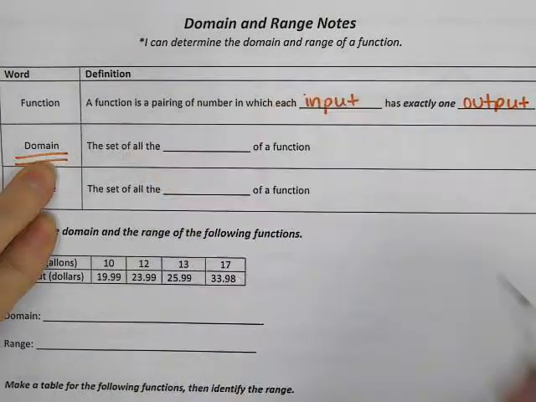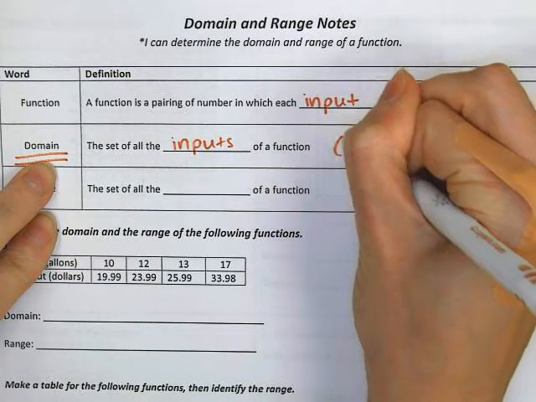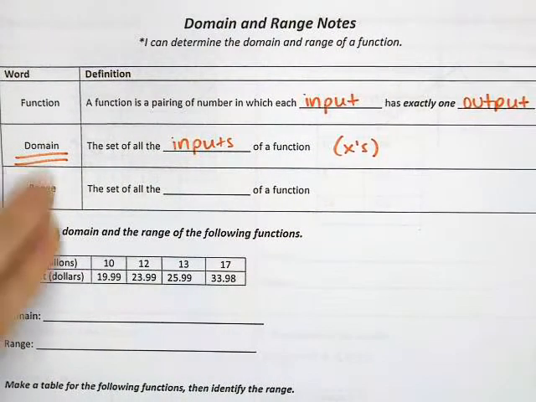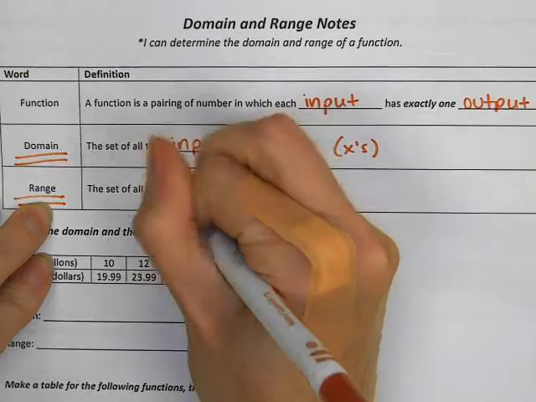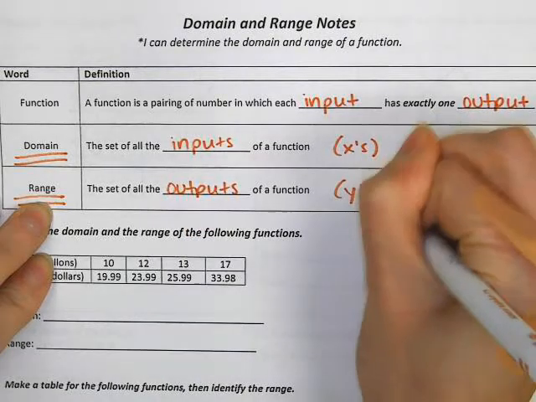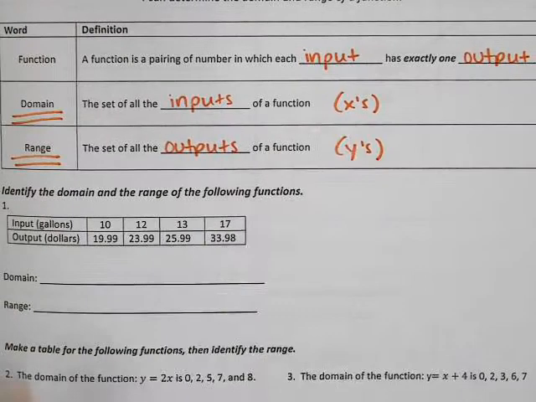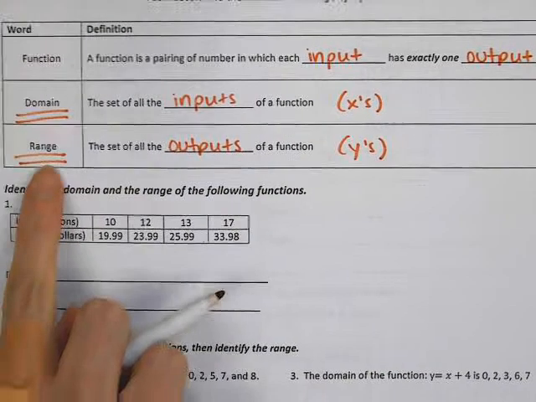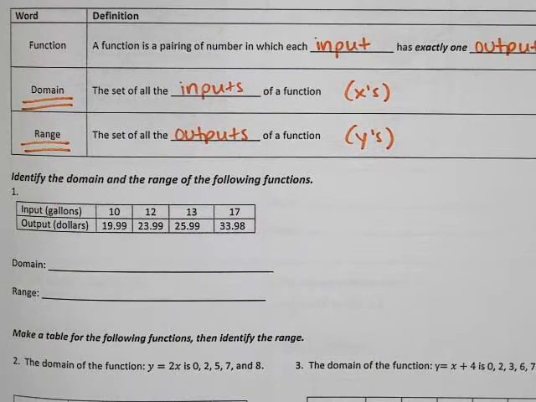Domain is the set of all the inputs, or the x's. And then range is a word that describes all of the outputs, or the y's. Okay, so the domain is the x's and the range is the y's. And that's important to know.